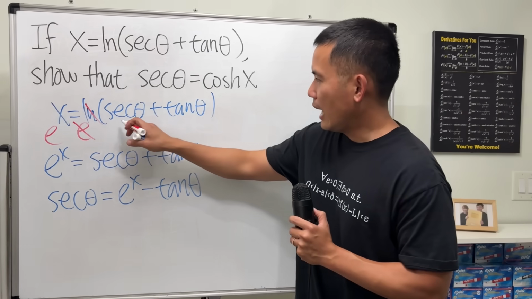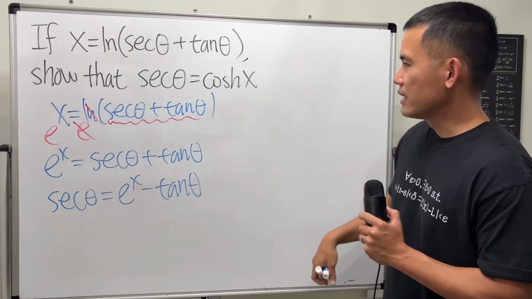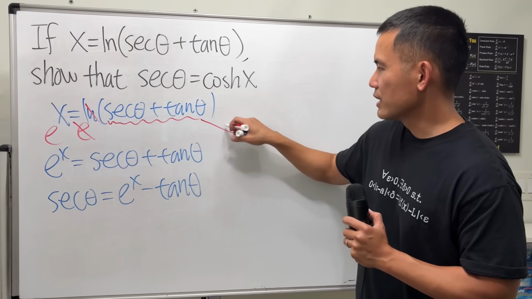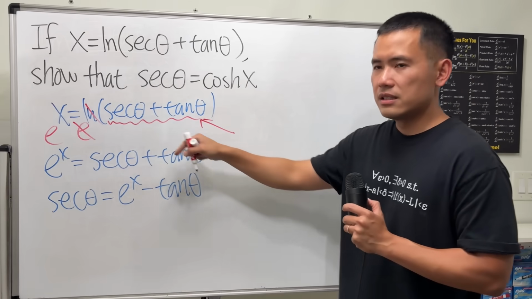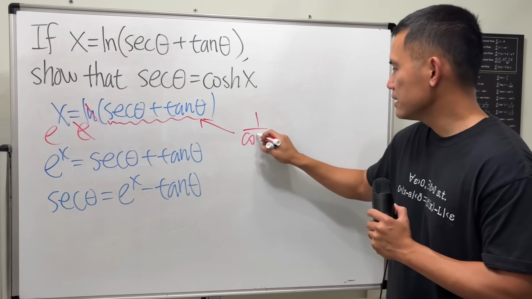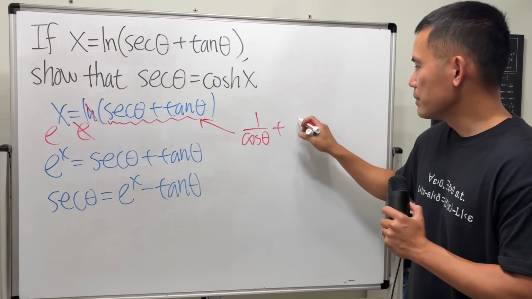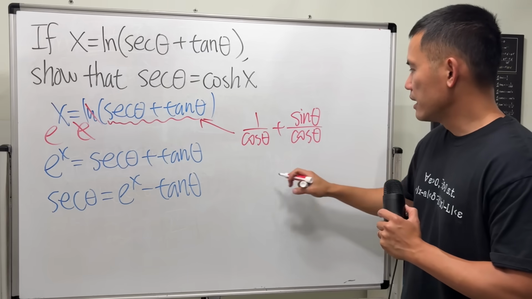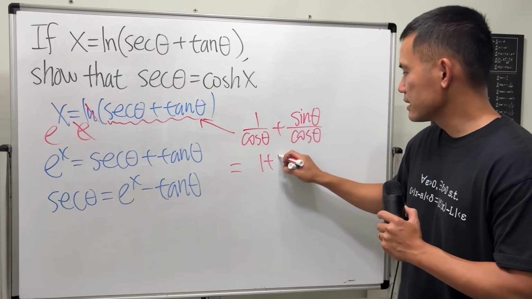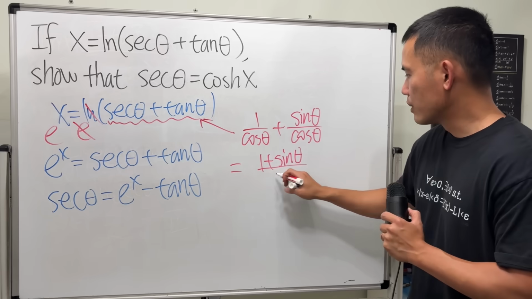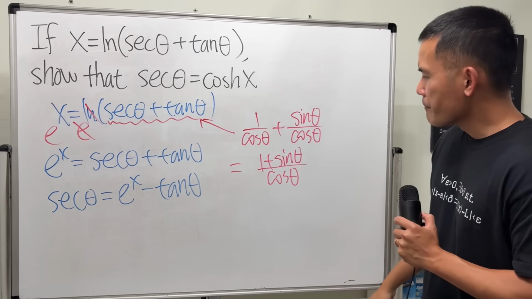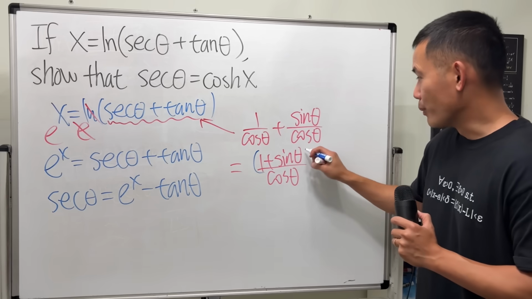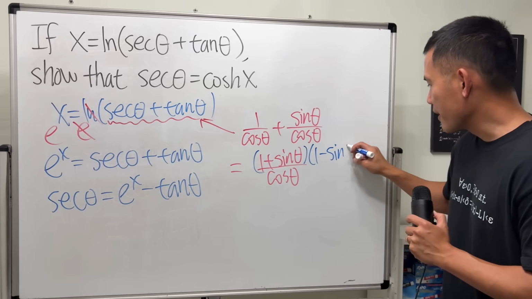So I look at this again, and I was trying to do some identity business. Secant is the same as 1 over cosine, and tangent is the same as sine over cosine. And then combine them, of course, that's 1 plus sine theta over cosine theta. And I just multiply the top and bottom by 1 minus sine theta. Why?